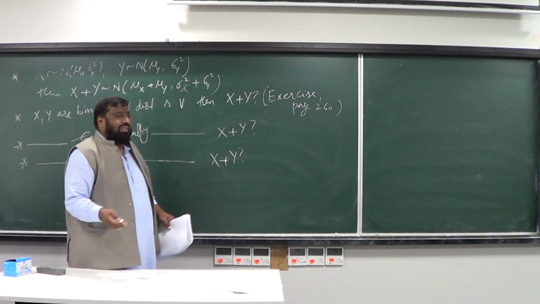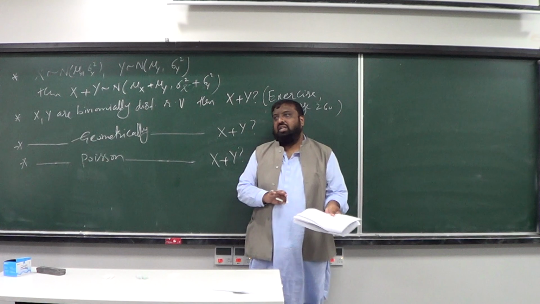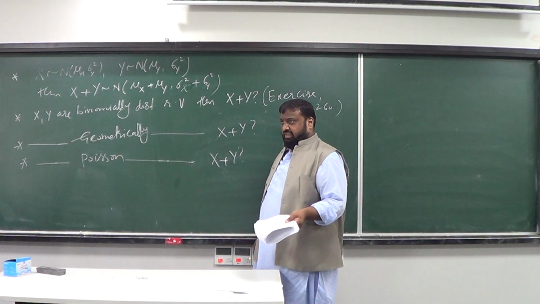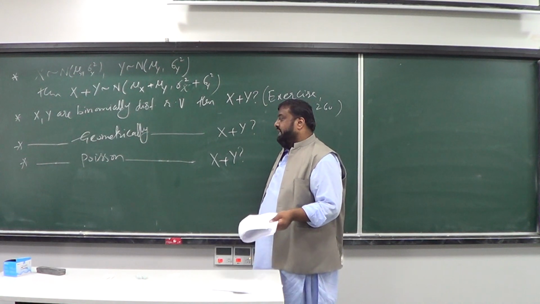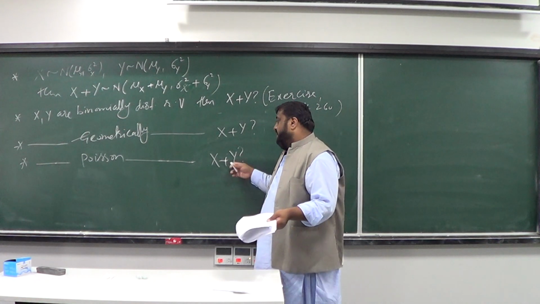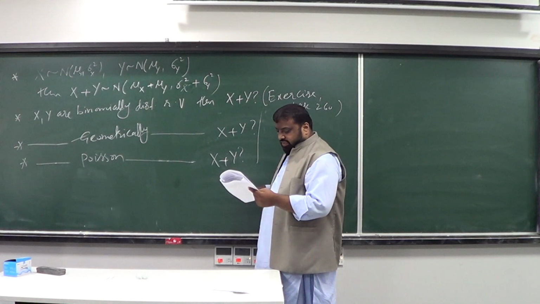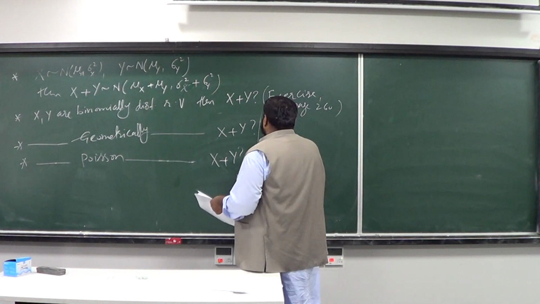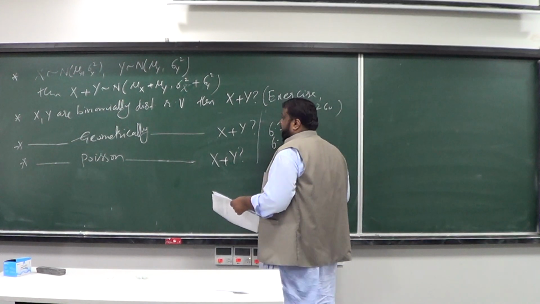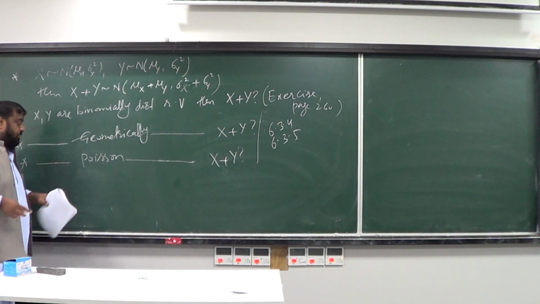In our last discussion we discussed its converse, that if X plus Y is Poisson distributed, then X and Y, where X and Y are independent, are going to have Poisson distributions. So I would suggest that you read these for yourself. You can find this in section 3.4 and section 3.5 of the book. This is something that you should at least go through once.